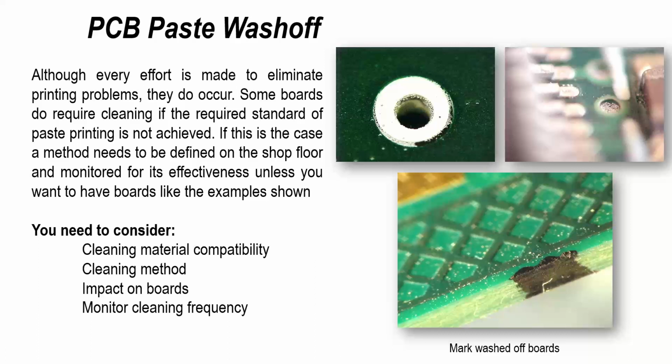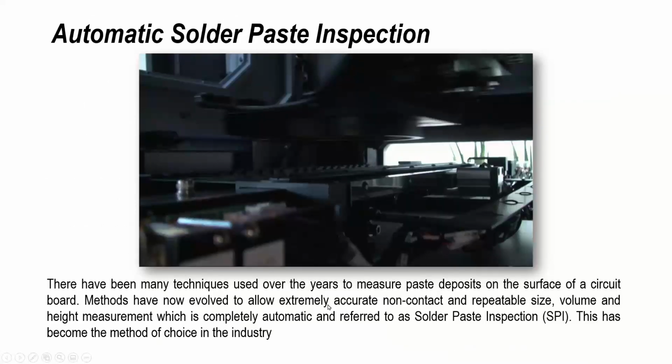So again, knowing the board has been through a different process to everything else is a valuable tool for failure analysis engineers like myself. However, normally speaking, I can spot a washed off board. But again, that's what I would suggest you do.